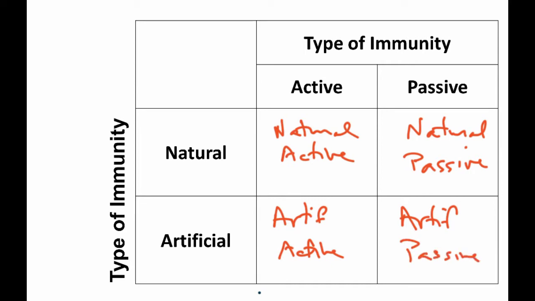You definitely, for the quiz and for the next exam, are going to want to be able to look at examples or descriptions of immune reactions and use these labels to categorize the response.